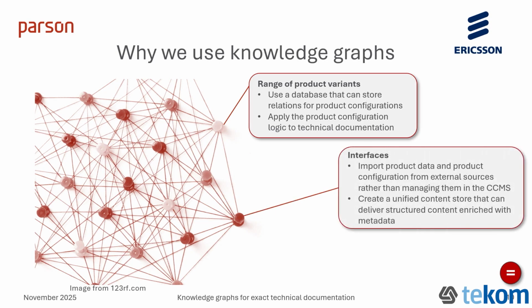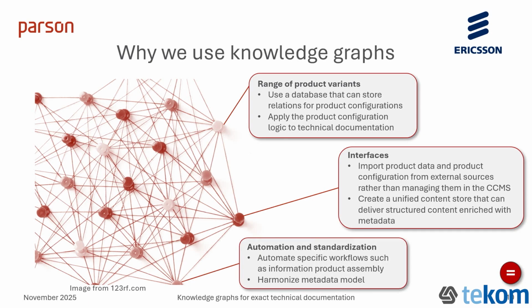Another reason is the interfaces we have in these systems. So we usually have databases with fine-grained product information. We didn't want that information in our CCMSs. It's far too fine granular for that. Actually, what we wanted was a unified content store that can deliver structured content enriched with metadata. And then we also wanted automation and standardization.